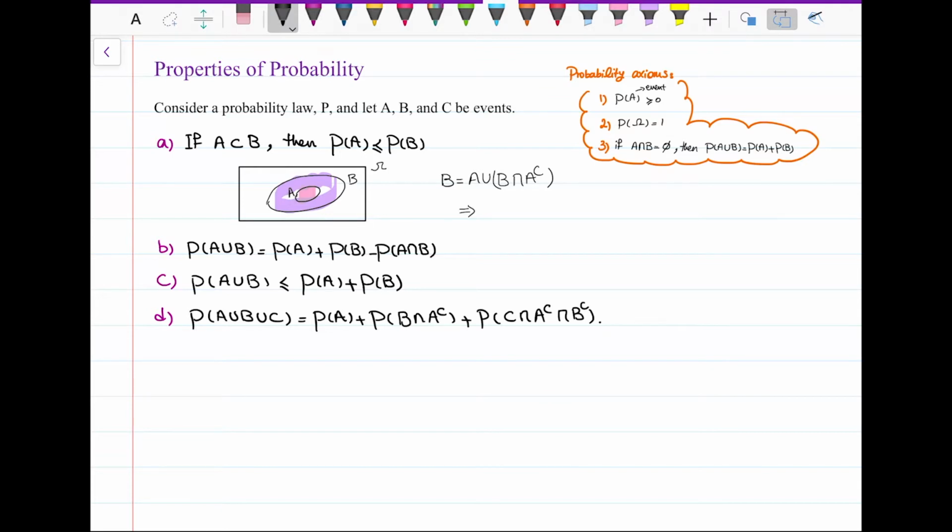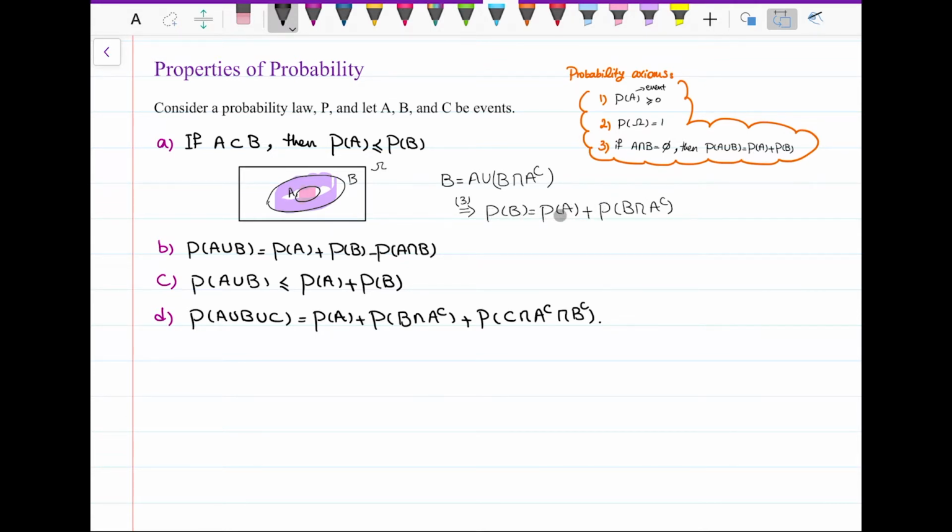These two are disjoint, so based on the third axiom, if I have 2 disjoint sets, the probability of their union is the addition of their probabilities. So by axiom 3, probability of B is probability of A plus probability of B intersection with A complement. Probability of any event is a non-negative number by axiom 1, so this is a positive number.